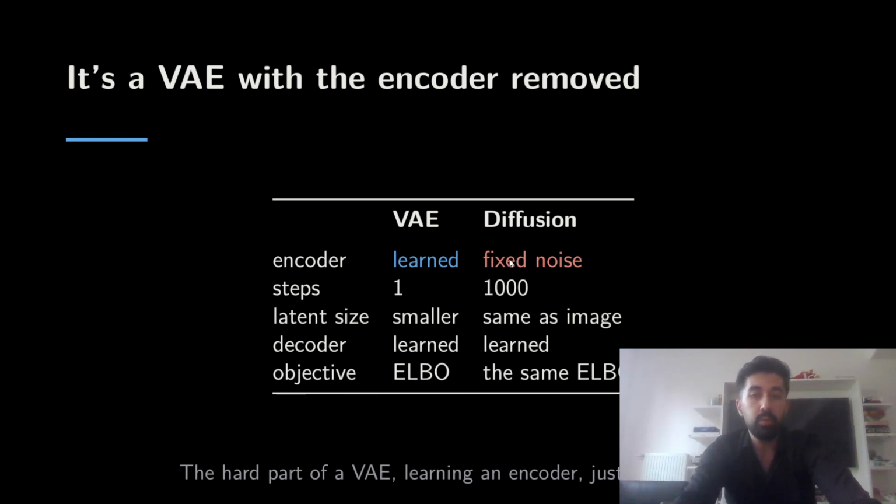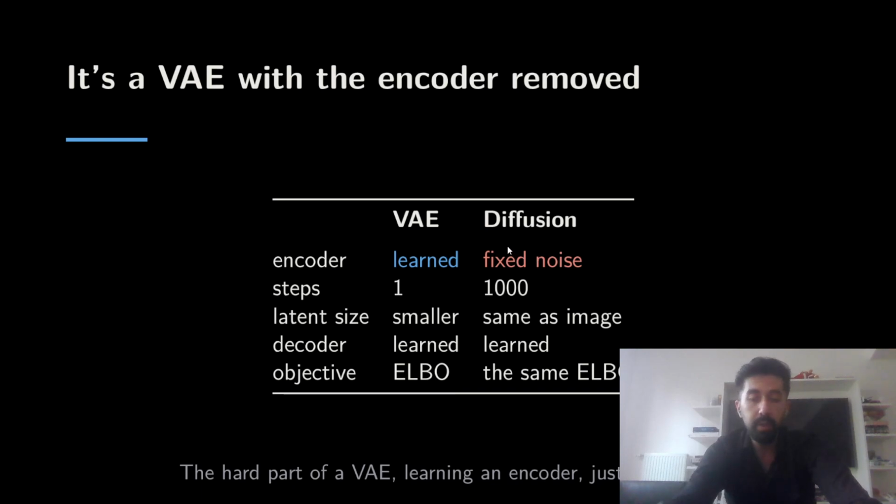And the hard part, the part that took the whole video we did about variational autoencoders, was the encoder. The encoder was also a learned neural network, and we had to train it with the decoder.